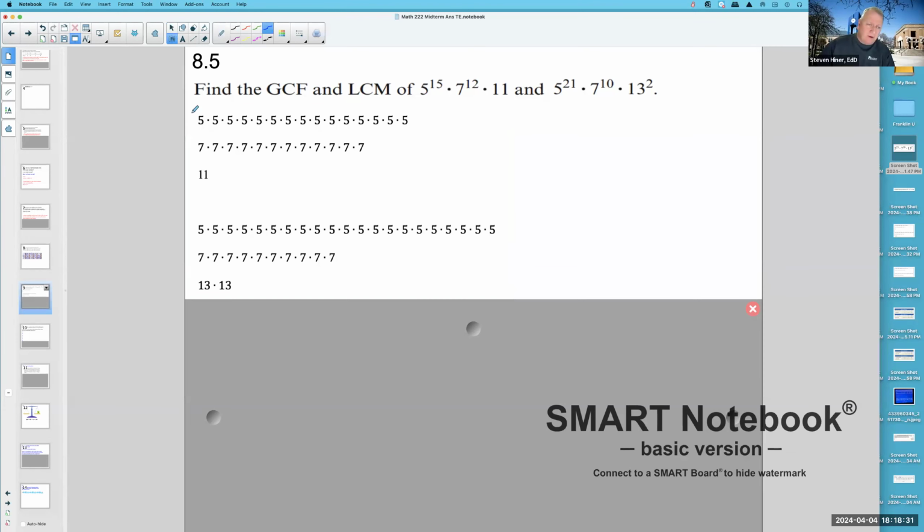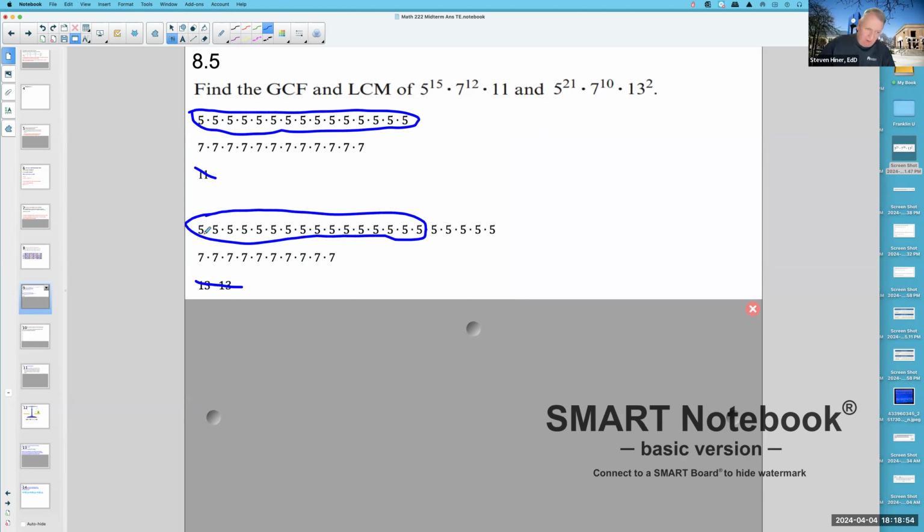I've already crossed off these because they're not going to be common factors. This one has an 11, this one doesn't. This one has a couple 13s, this one doesn't have any. But here I have 15 5s, so I can circle 15 5s here. 1, 2, 3, 4, 5, 6, 7, 8, 9, 10, 11, 12, 13, 14, 15. Did one too many.